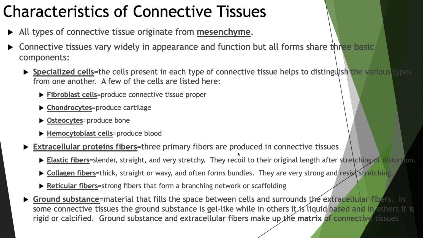You have collagen fibers, which are usually thick, straight, and wavy, often form bundles, and they're very strong and help to resist stretching. So the direct opposite of those elastic fibers. And then you have reticular fibers, which are strong branching networks or scaffolding. If you think of scaffolding on the side of a building, it's there to be strong and provide support. And then they also have something called ground substance, and it's essentially a material that fills the space in between the cells.